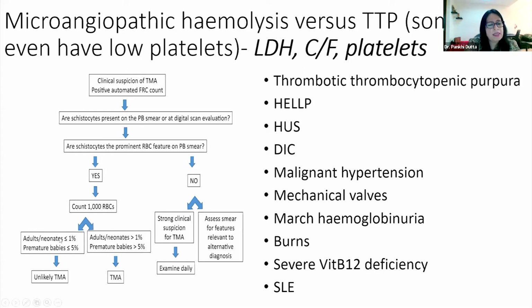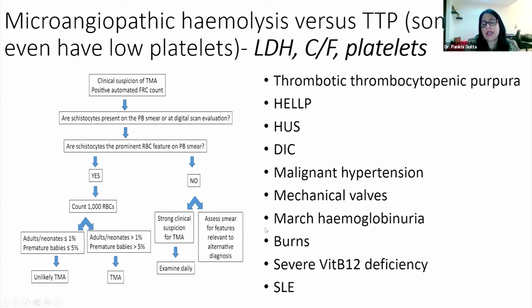In premature small babies, one should have more than 5%, because in small babies you can have 1 to 2% fragmented cells anyway. For adults, at least 1%. So the number also has to be significant.